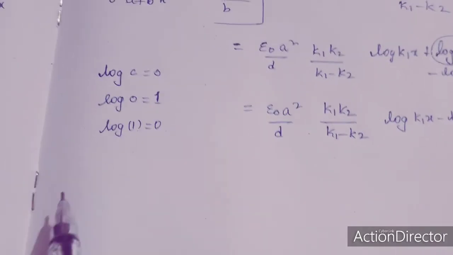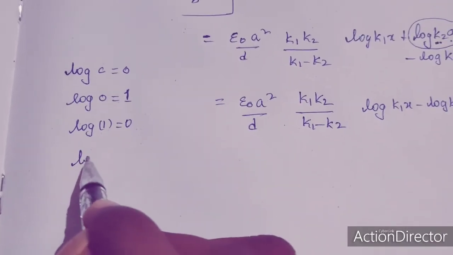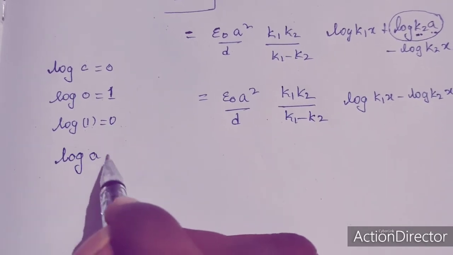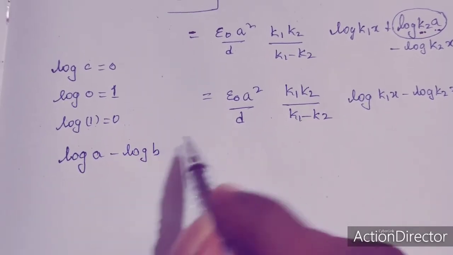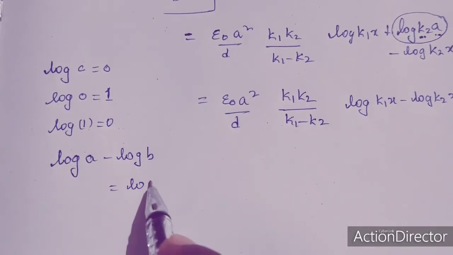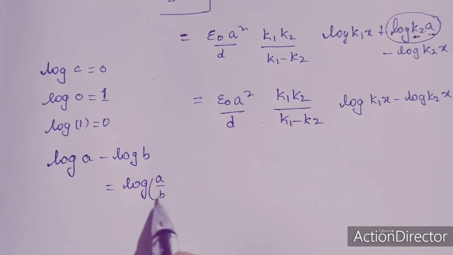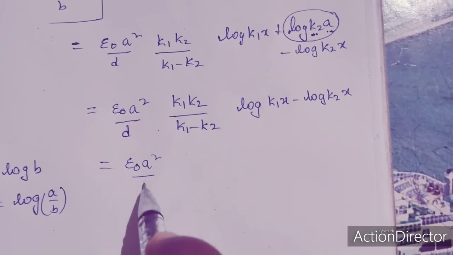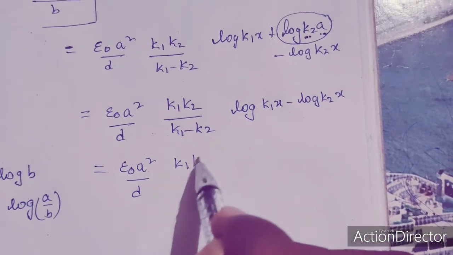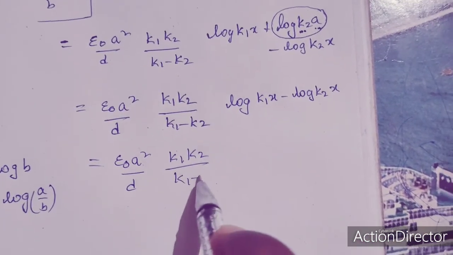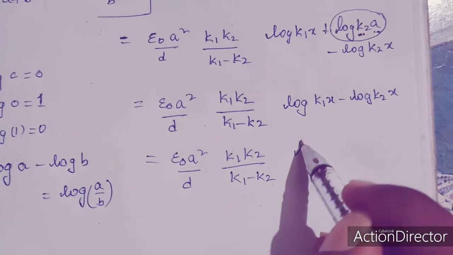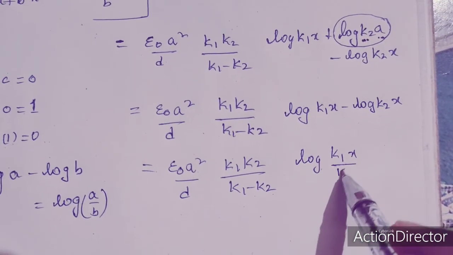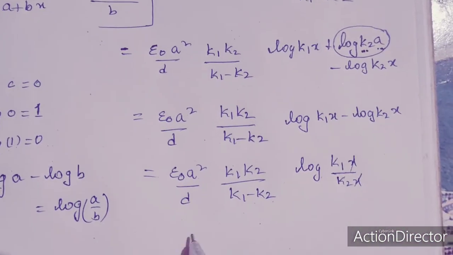Here apply one small formula in logarithm: log a minus log b equals log of a by b. Yes or no? Just apply that formula. Epsilon naught a square divided by d, k1 k2 divided by k1 minus k2, log of k1x divided by k2x. x gets cancelled.